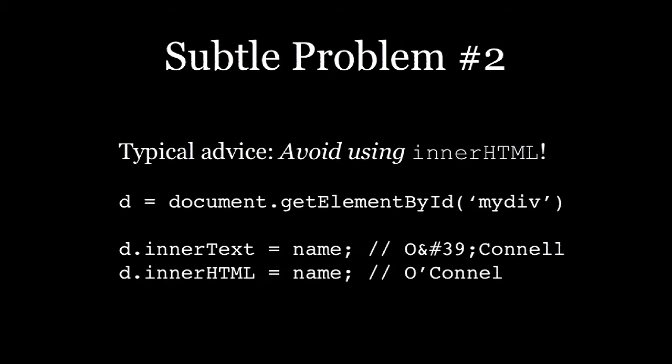If you follow the general advice of the security industry, you assign it to innerText. And when you assign it to innerText, the text that's going to be displayed will actually be O and the non-escaped HTML entity, Connell, right? Whereas if you assign to innerHTML, then it's going to be displayed correctly.